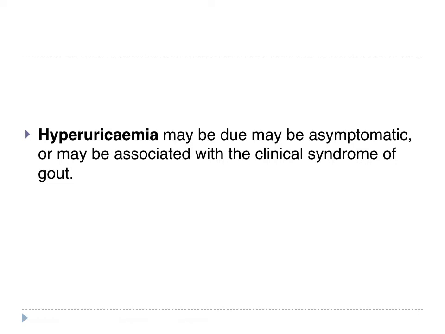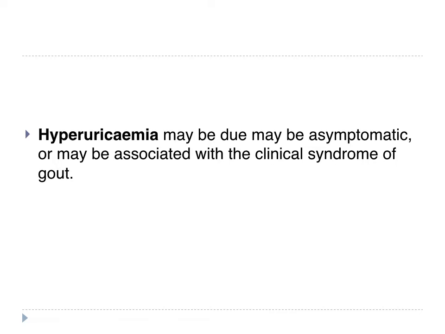Hyperuricemia may be asymptomatic. In other words, all gout is due to hyperuricemia, but not all hyperuricemia may cause gout. Sometimes, hyperuricemia, meaning the elevation of uric acid and uric acid salts in the blood, may be deposited in the tissues or in the joints, or it might not.